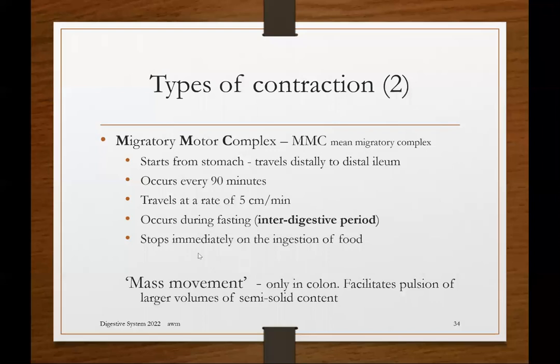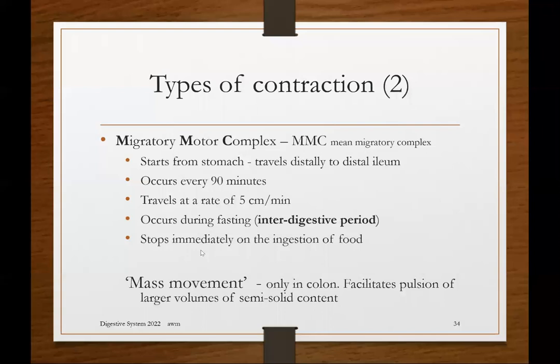The longitudinal fibers, instead of just running parallel like in a piece of pasta, are bunched together so that they form a band, like a belt on top. And because they're together and they're going to contract at the same time, they're able to generate more force to move this semi-solid material along the length of the colon, okay?